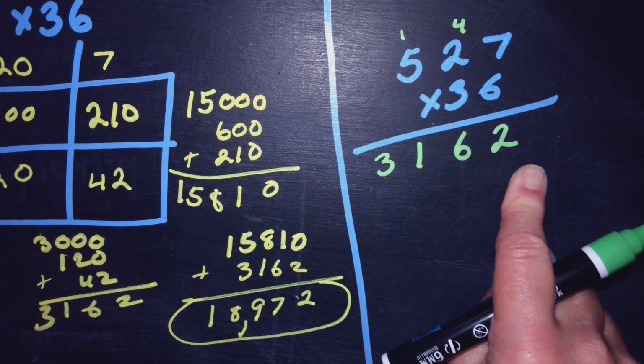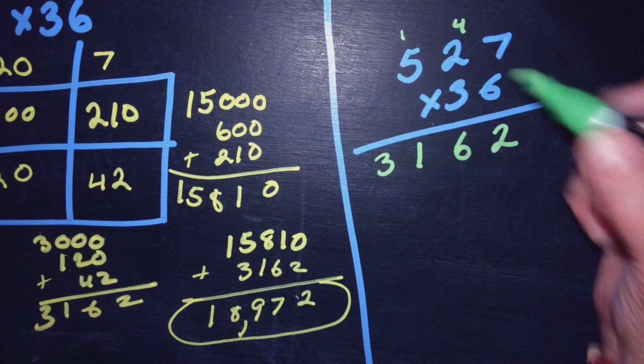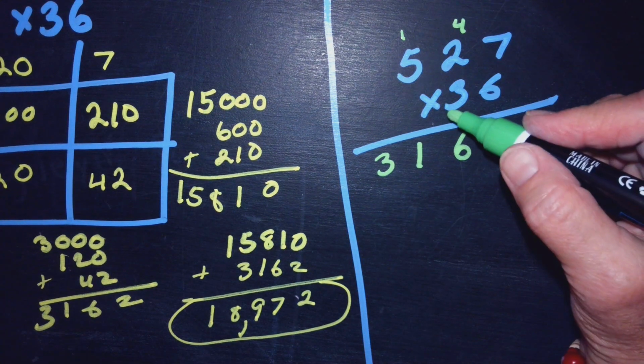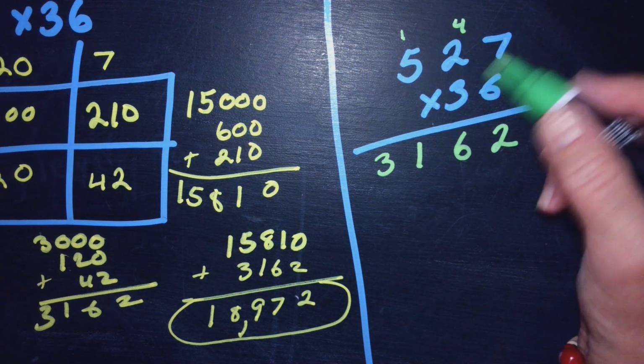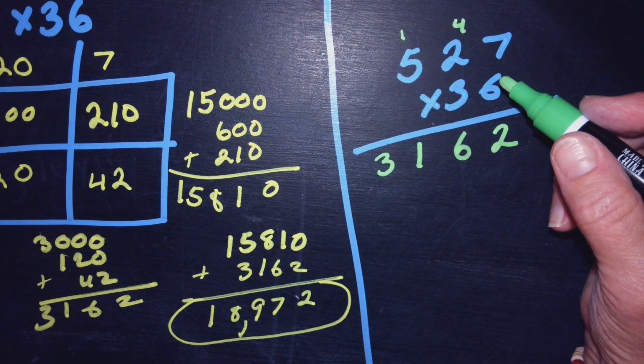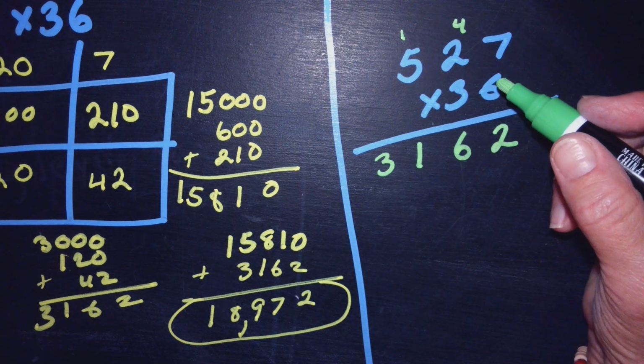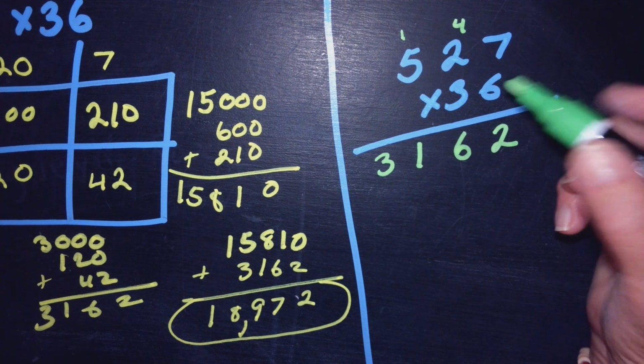Now I'm going to multiply 30 times 7. Well, 30 times 7 is 210.